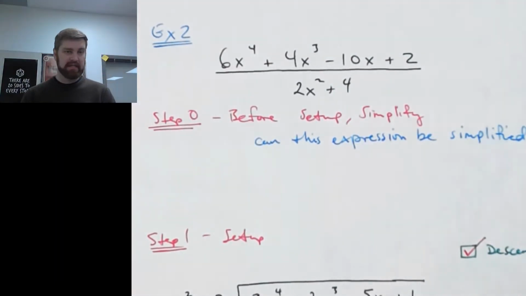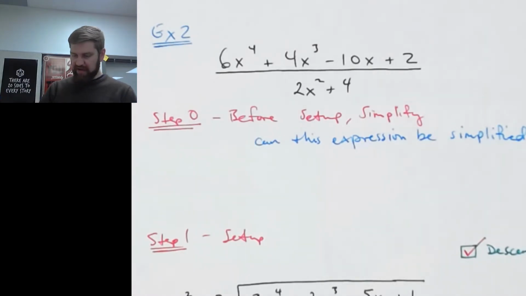Okay, and so when you start off something like this, there will be someone out there that will try to just go straight to setting up. And if you do that, you might actually get the right answer, but you might go in a direction that is more complicated and harder to work with.